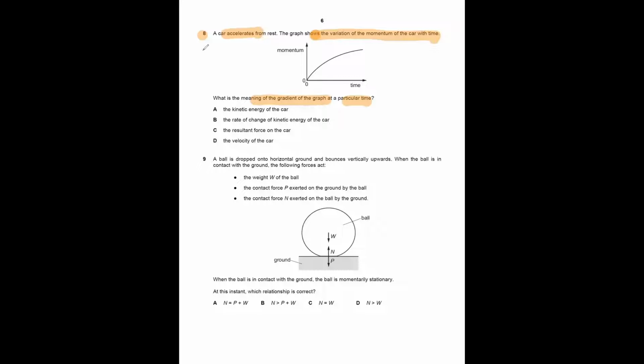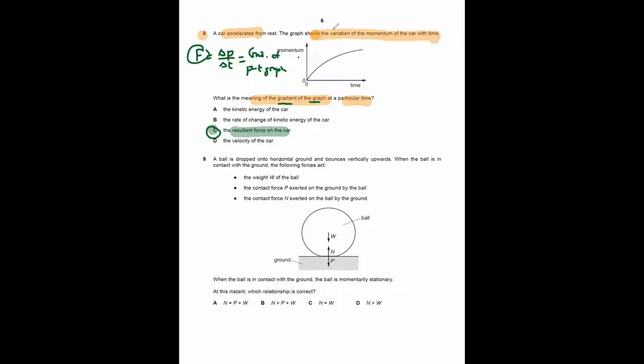You know that force is the rate of change of momentum, which is actually the gradient of your p-t graph. They're asking about the gradient of your momentum-time graph. This is going to be the resultant force on the car.